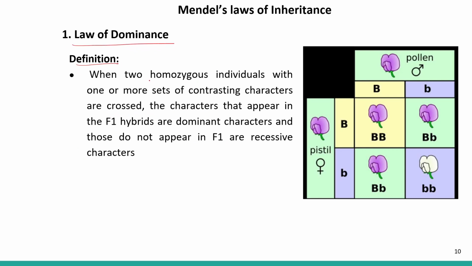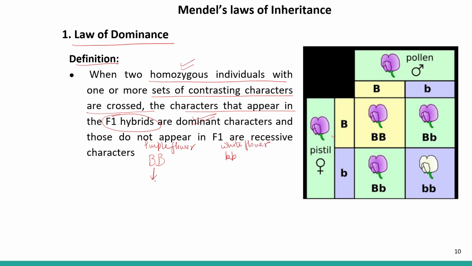By definition, when two homozygous individuals with one or more sets of contrasting characters are crossed, the characters that appear in the F1 hybrid are dominant characters. So, taking an example, again with this alphabet only, let us solve this. Capital B, that is the purple flower, and here small b, that is the white flower.